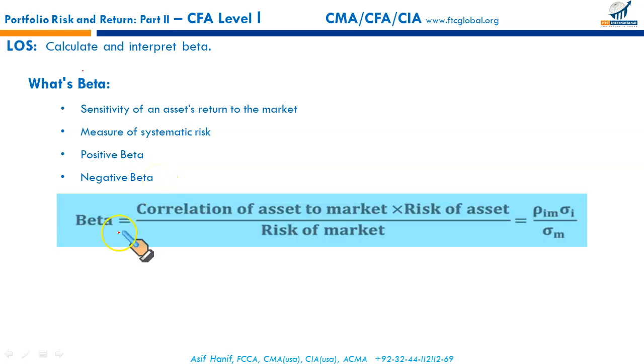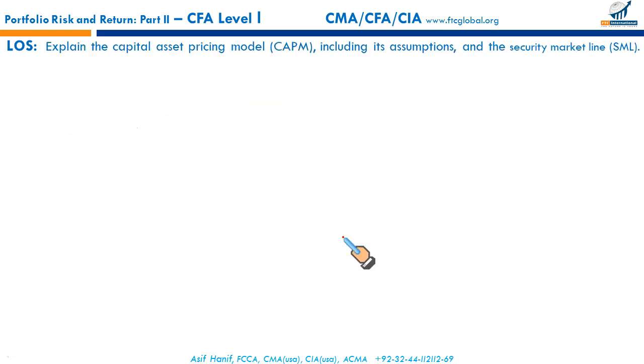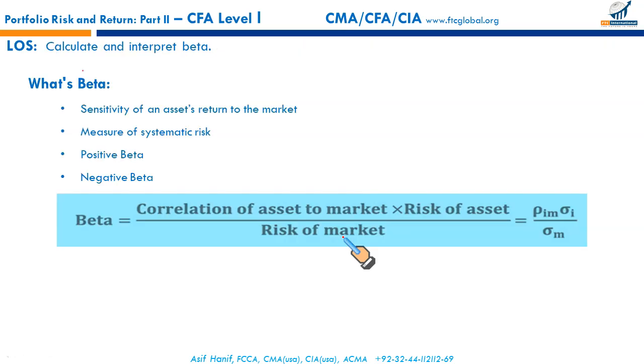How do we calculate beta? Beta is the correlation of the asset to the market times the risk of the asset, given by standard deviation, upon the risk of the market. We just need to plug in the numbers and we will get our value. There are some important points to discuss. If the beta is greater than 1 in absolute value, it means it is more responsive.